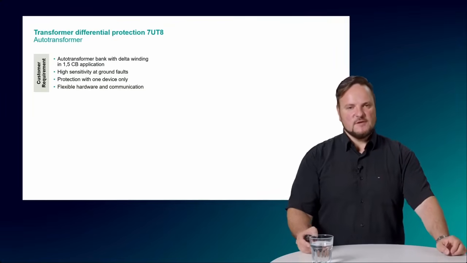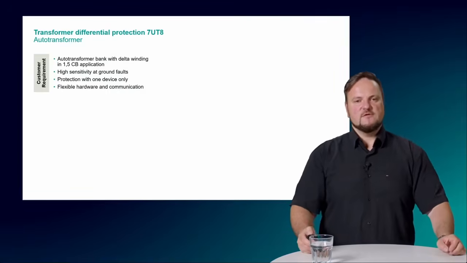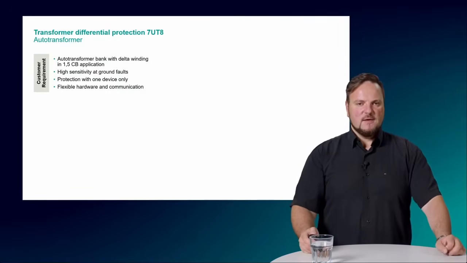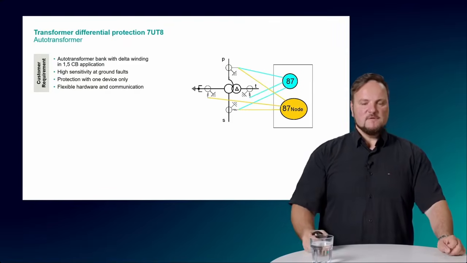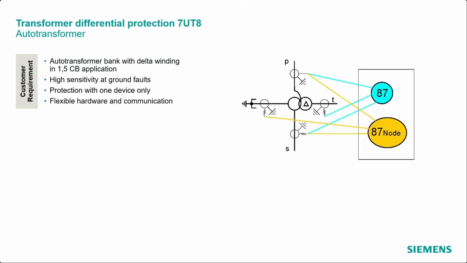Therefore, of course, we need flexible hardware because we have a lot of measuring points now, and we want to protect the whole application with one device. Additionally to the conventional differential protection, we want to protect this auto transformer with an 87N, that means with the node point protection beside the normal 87T.